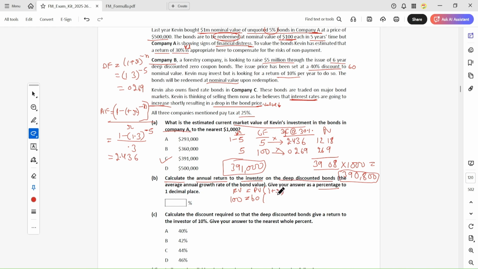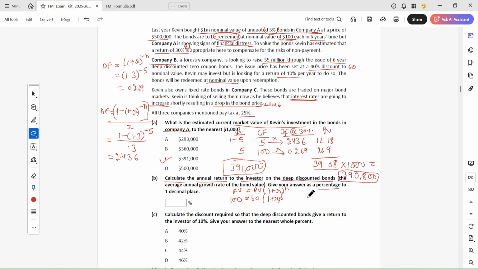We need to calculate this R, and this is the number of years of compounding. So 1 plus R to the power n, and n after 6 years will be 6.